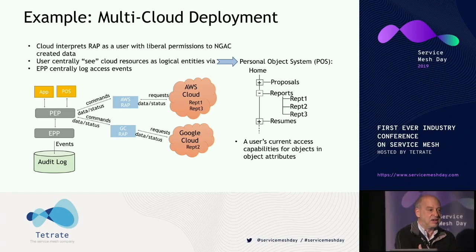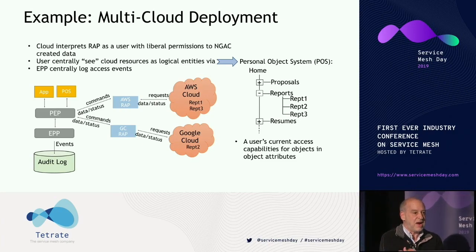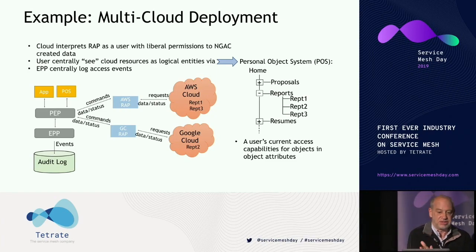It can look like a directory system. It could look like your inbox. It's just a logical view, but the point is the user sees objects which are logical entities in advance before issuing a request. And he could actually select those resources in his view and see information across multiple clouds without actually knowing where that data actually resides.